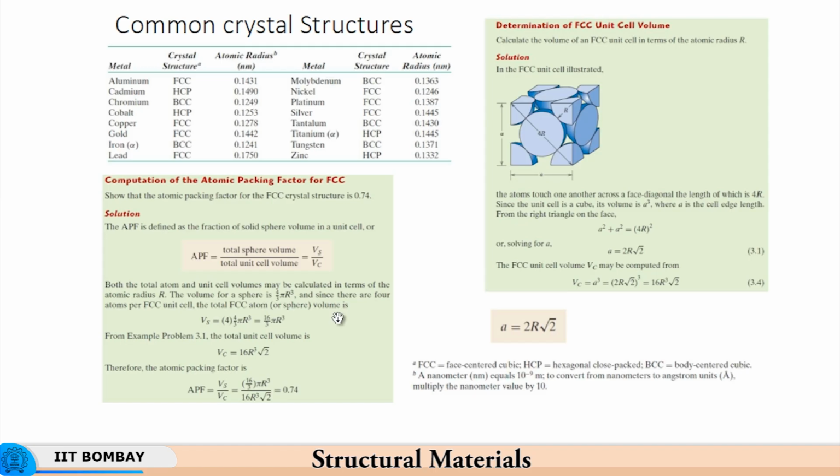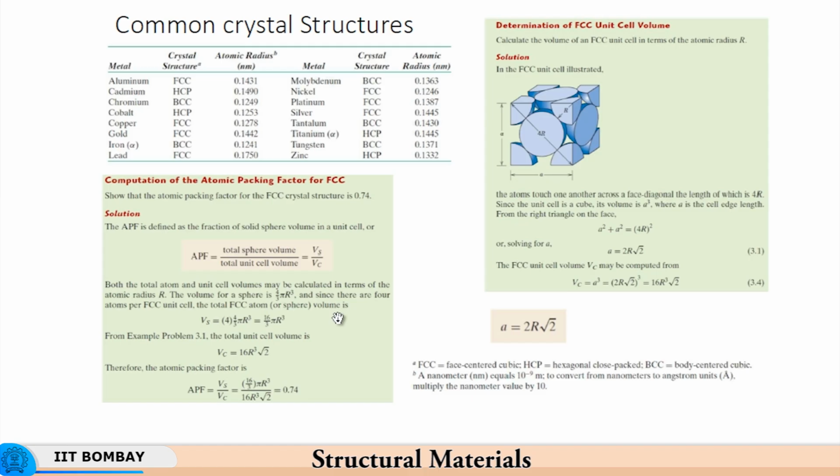Now, if we calculate the atomic packing factor, the first thing is we need to determine the volume of the cell. If you look at the FCC unit cell, you have the so called lattice parameter, meaning the length of one side of the cube, given by a.